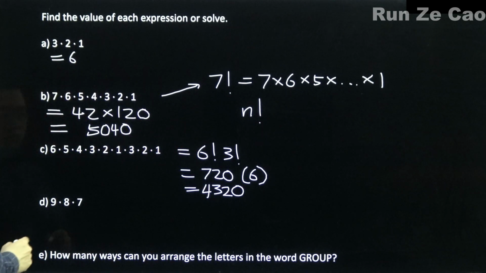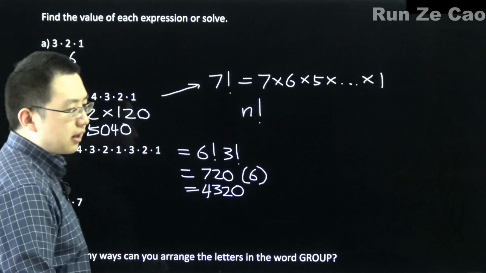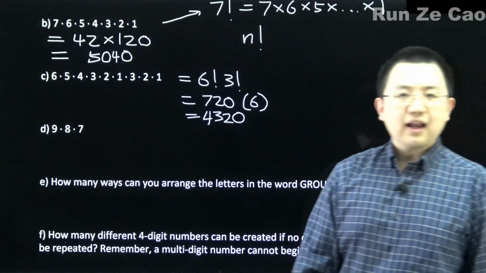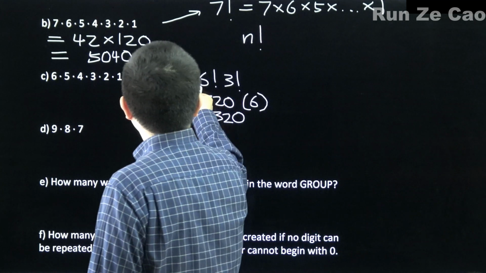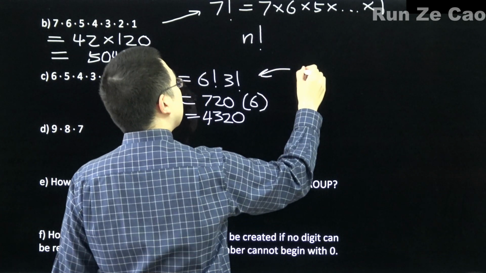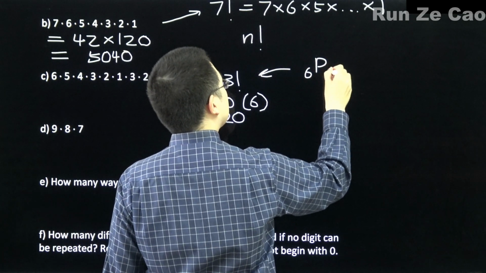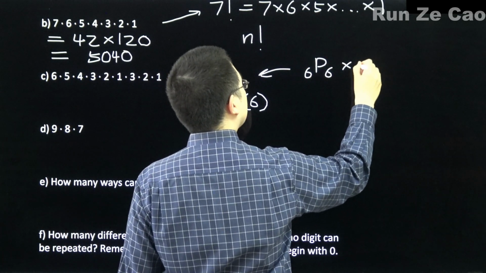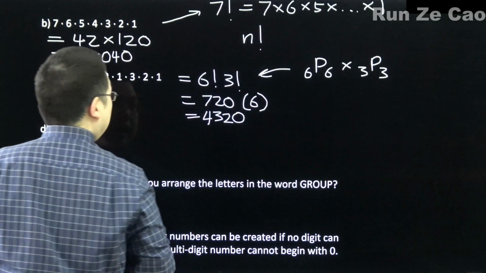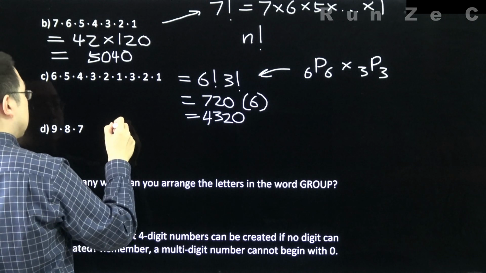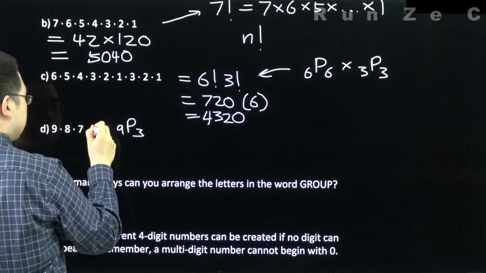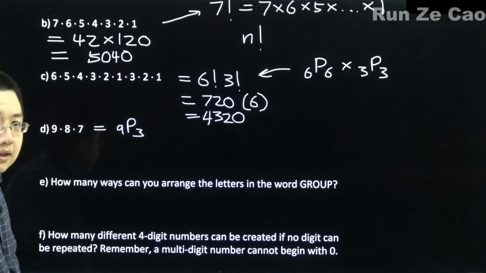Okay, 9 times 8 times 7. This would be what happens if, instead of, say, 6 pick 6 times 3 pick 3, instead of this, we would be looking at 9 pick 3. Why is this the case?